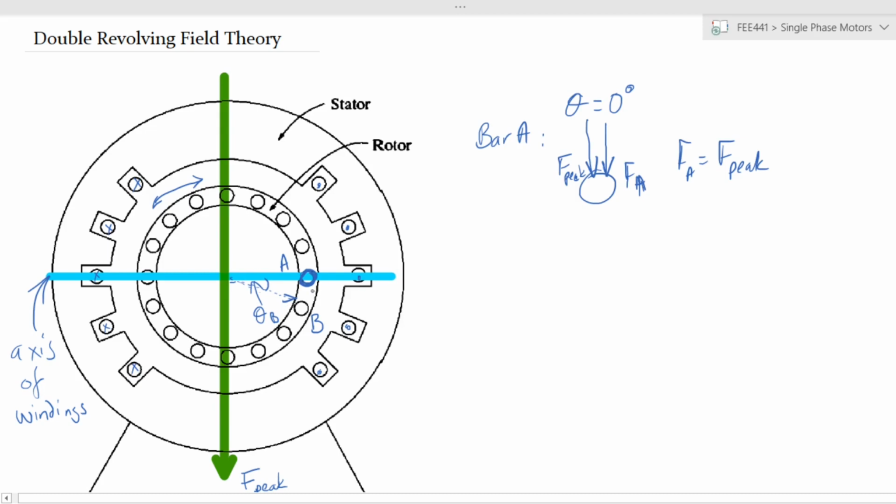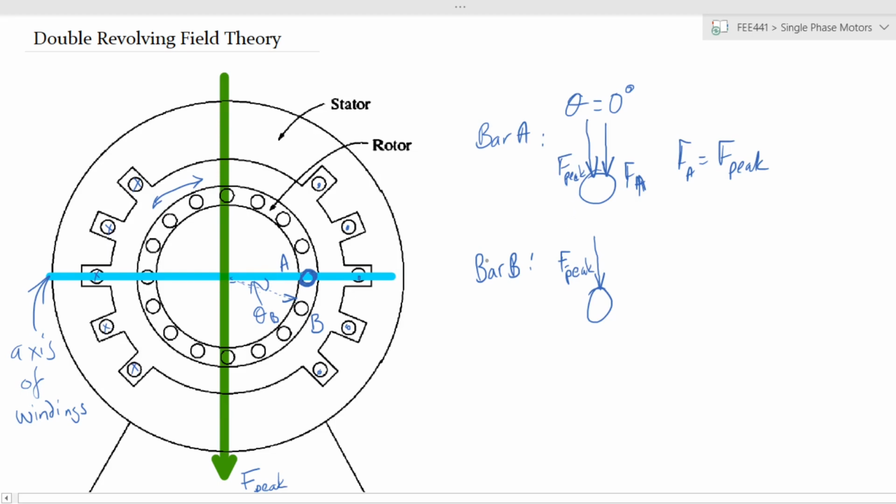Now, if we represent bar B over here, the force due to the resultant magnetic field is still acting on that bar in the same direction that we had before for bar A, at the same instant.